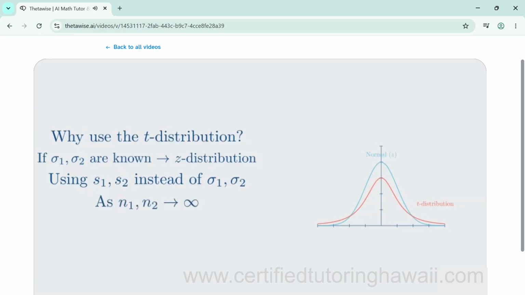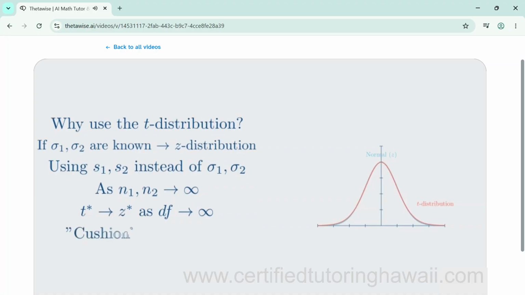As our sample sizes, n1 and n2, get larger, the sample standard deviations become better estimates of the population standard deviations. This is why, as degrees of freedom increase, the t-star critical values get smaller and eventually match the z-star values you might remember from proportions or known sigma means. This extra cushion in the t-distribution ensures our confidence level remains accurate even though we are estimating the spread of the data.